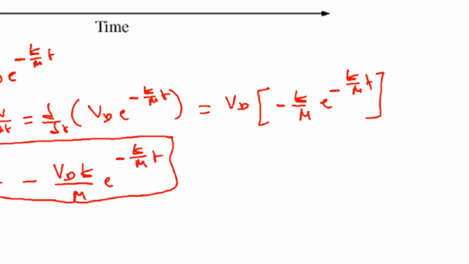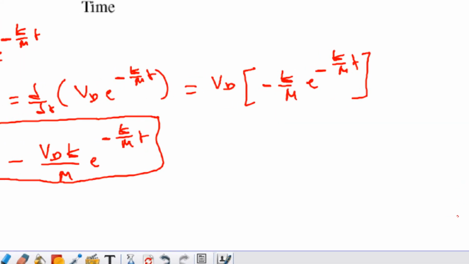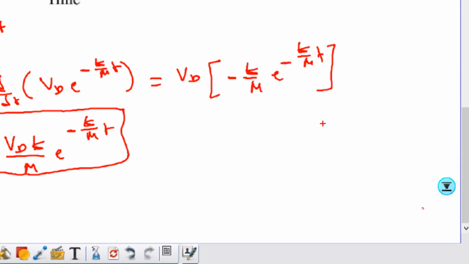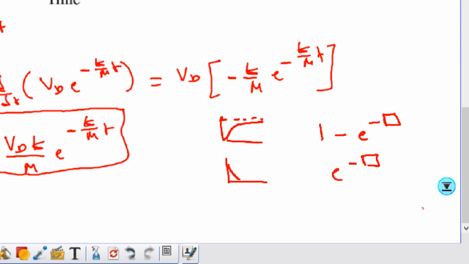So remember that we also know how to plot three different exponential functions given by 1 minus e^(minus box), which represents an exponential growth up to an asymptotic value, and e^(minus box), which represents a positive decaying exponential function, and minus e^(minus box), which represents a negative growing exponential function, like that.